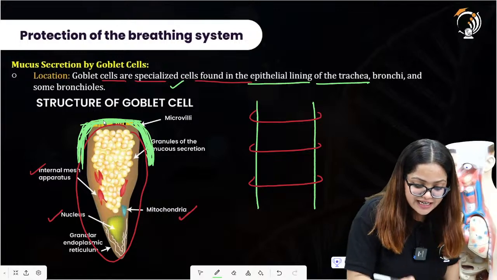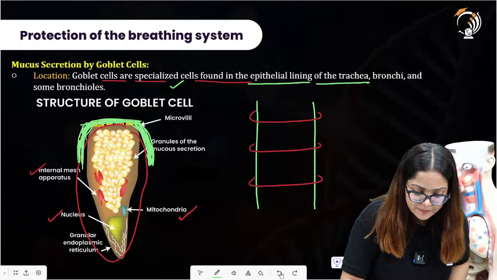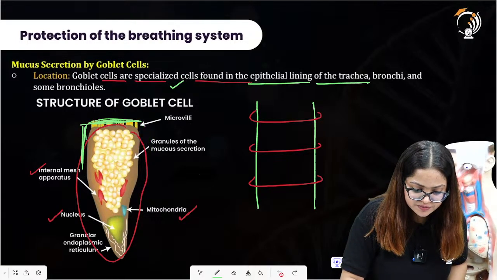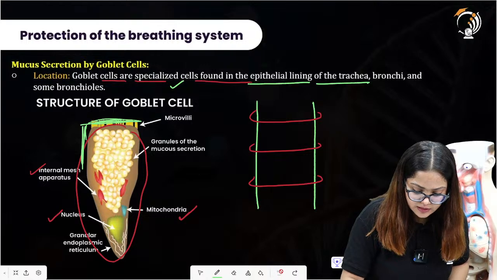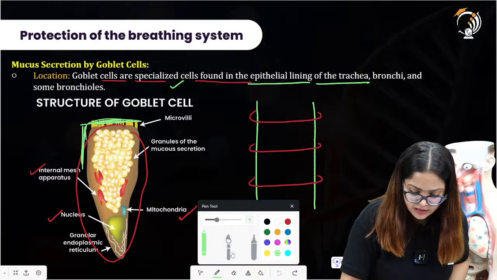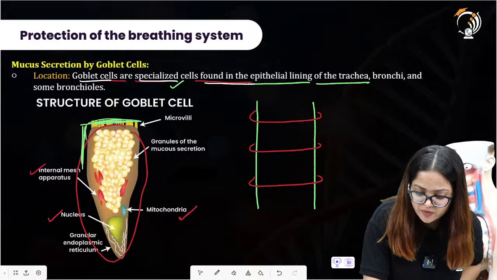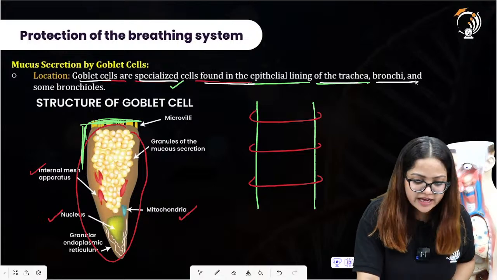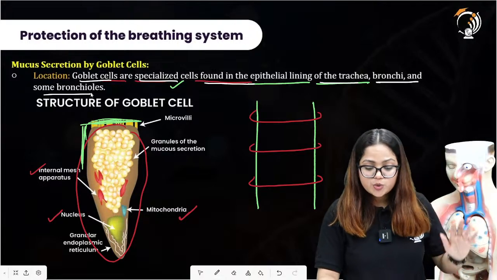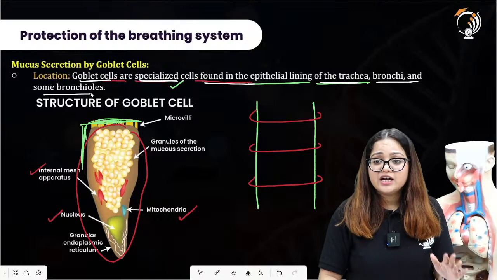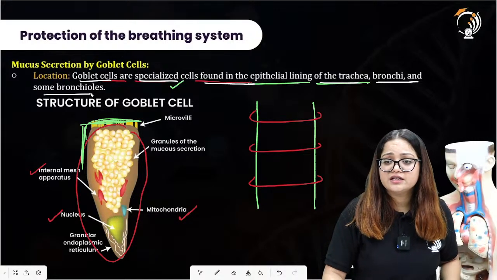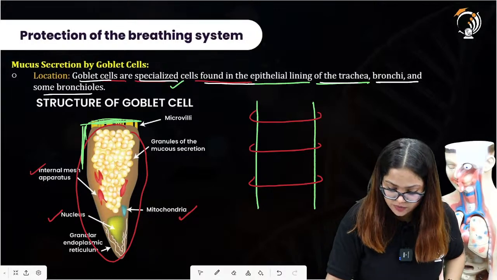That's how it helps in protection of the breathing system. Goblet cells are specialized cells found in the epithelial lining of the trachea, bronchi and some bronchioles. So where are they present?